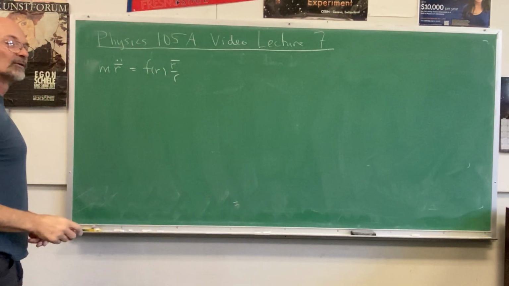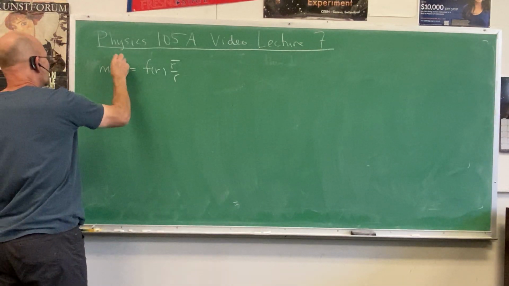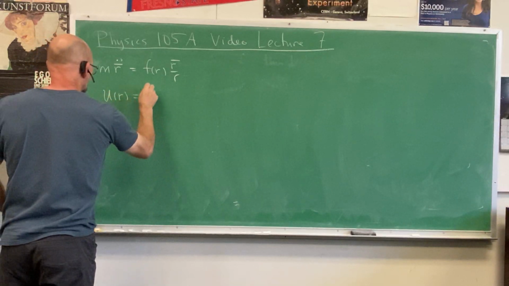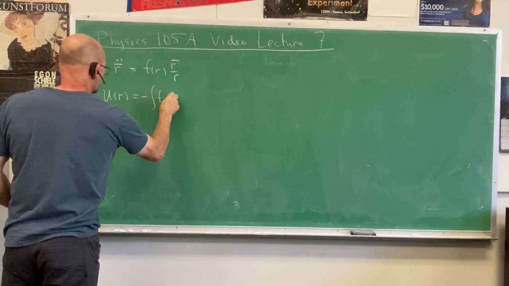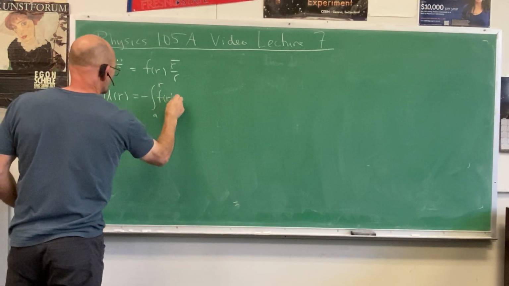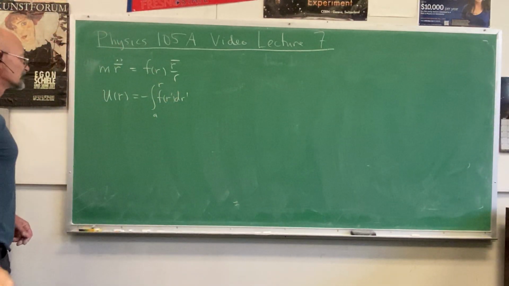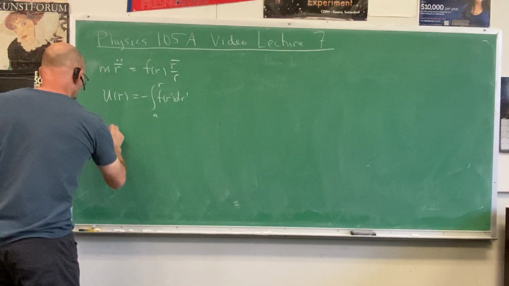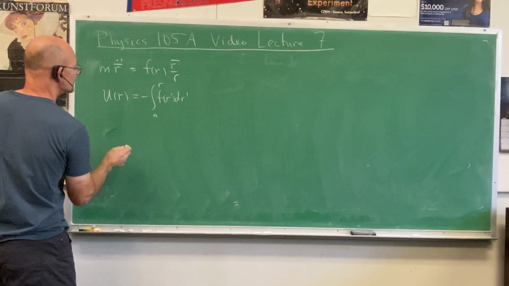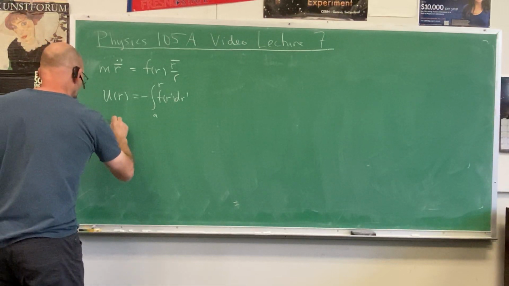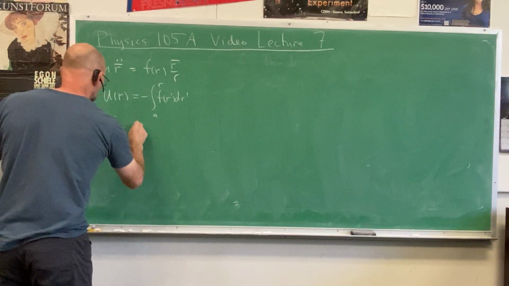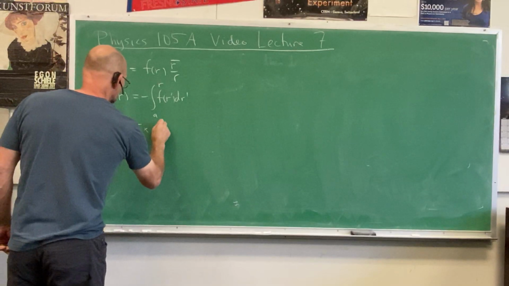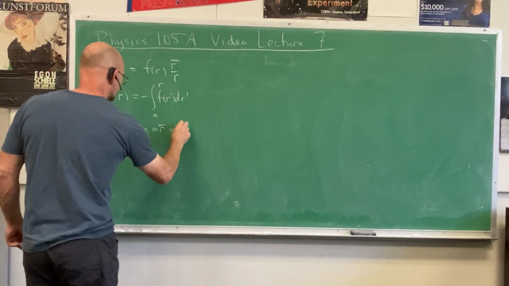So here we go. So what had we learned so far? We had learned that there is a potential energy, minus, we have potential energy. We have learned that L equals, let's see, r cross r dot, is a constant.